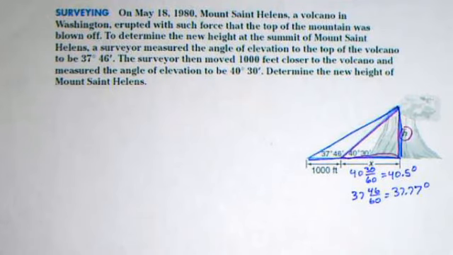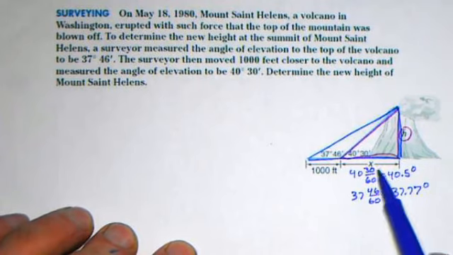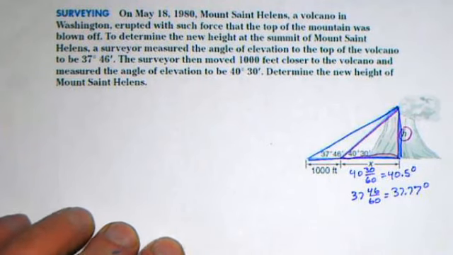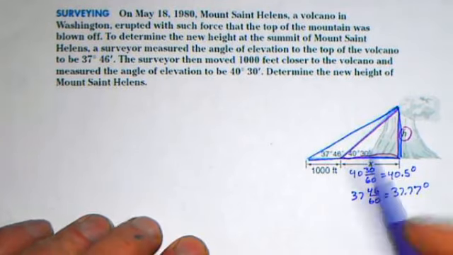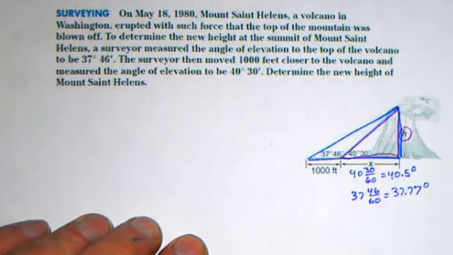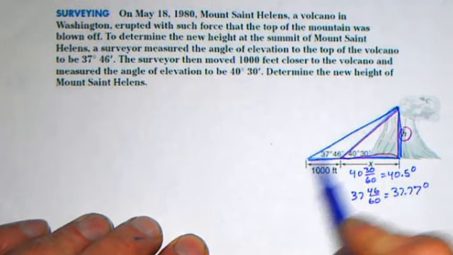And that way we can find x. Once we find x, we can plug it in to one of the equations, and then we can find h. So say doing the larger triangle, we've got this 37.77 degree angle.